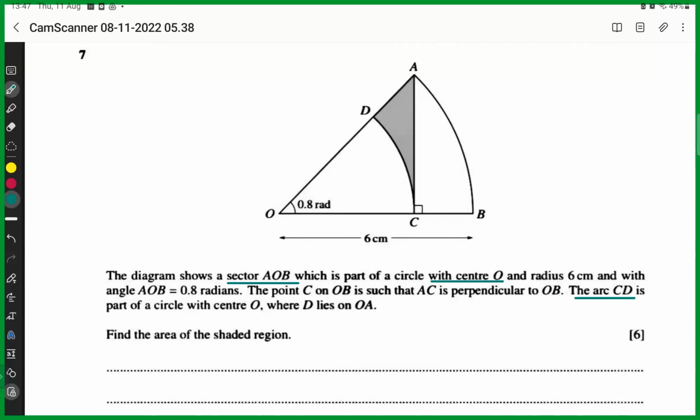Okay, that's fine. So we need to start our working and see how exactly we can find the two areas. What we can see is that this 6 centimeters is basically OB, and the 0.8 is basically this angle.